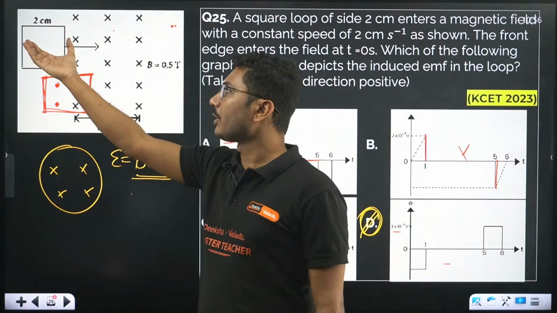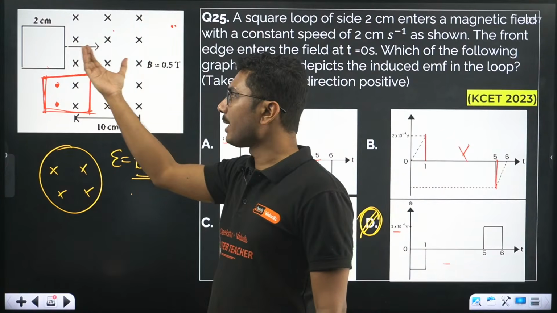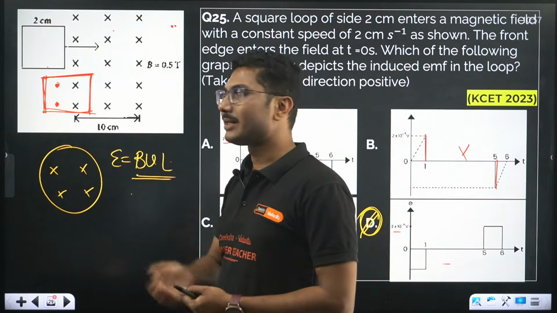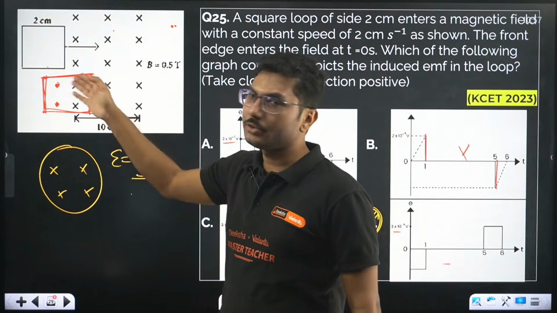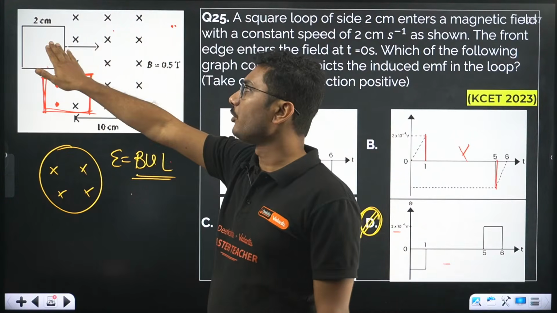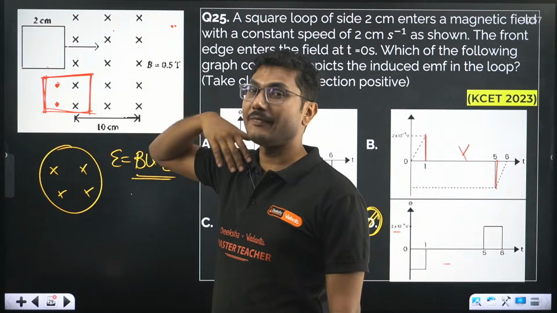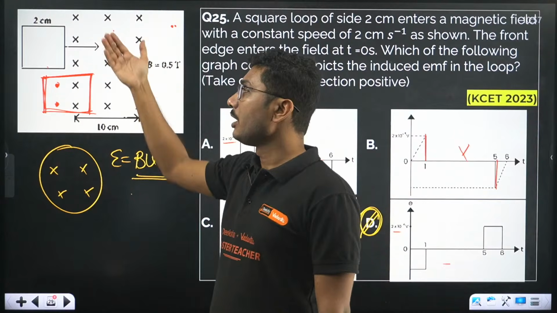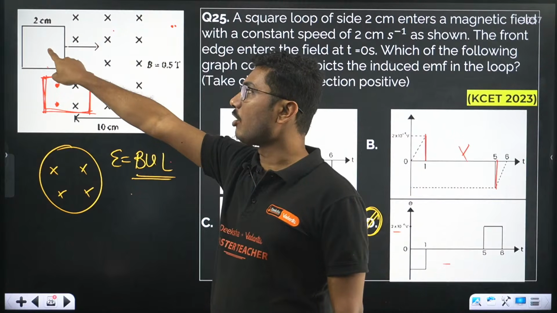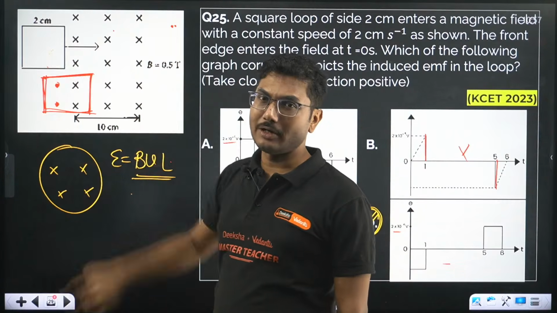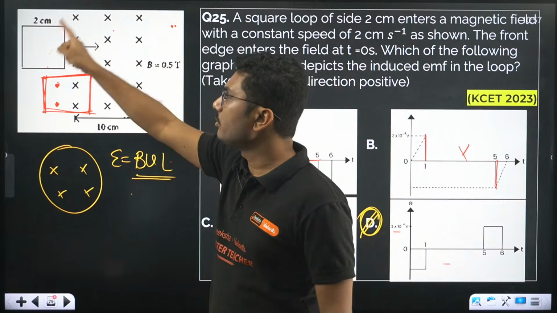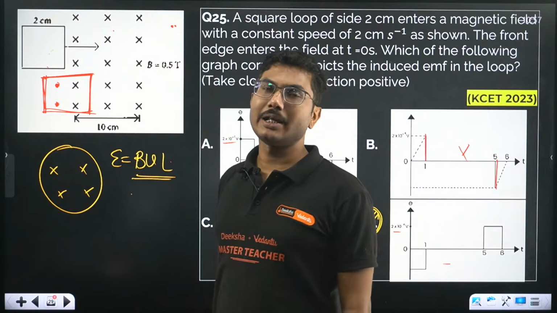When the loop is going into the magnetic field, field lines are increasing, that means flux is increasing, so it will oppose that increase. It will produce a magnetic field of its own, which opposes the original magnetic field.